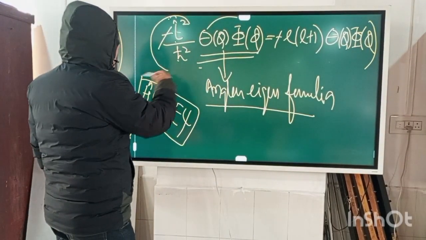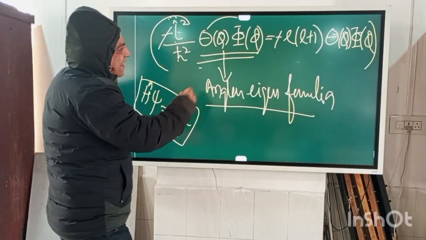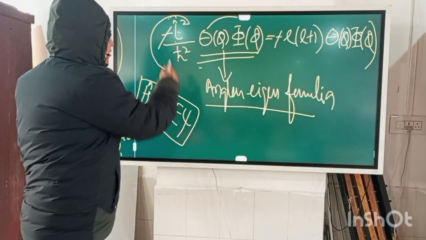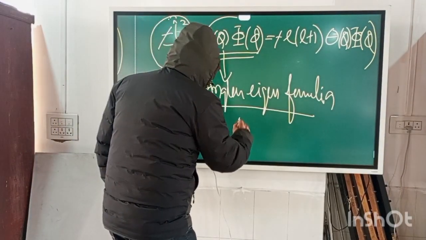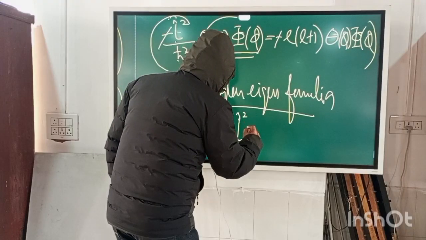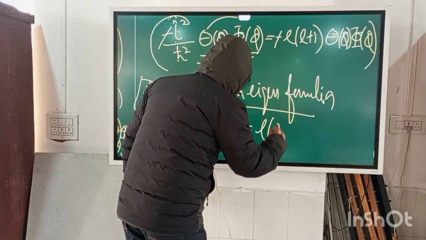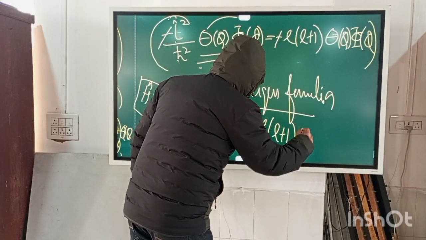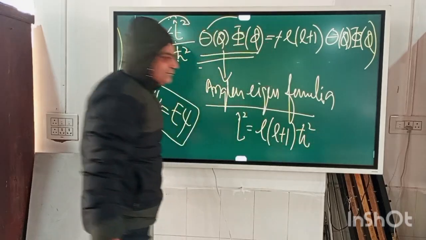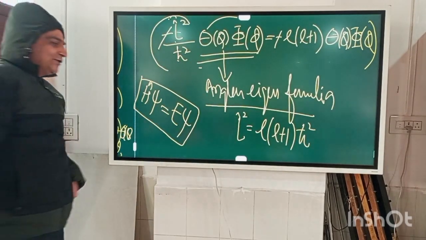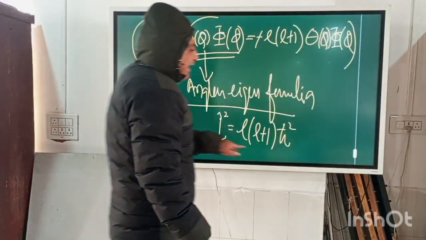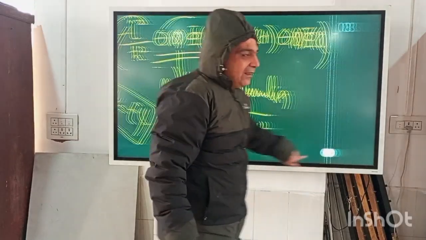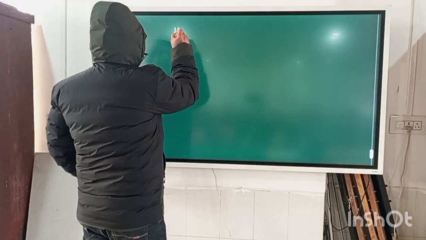And this h bar square will go on the other side, and you can write that this L square is equal to L times L plus 1 h bar square. So what will be the value of L?